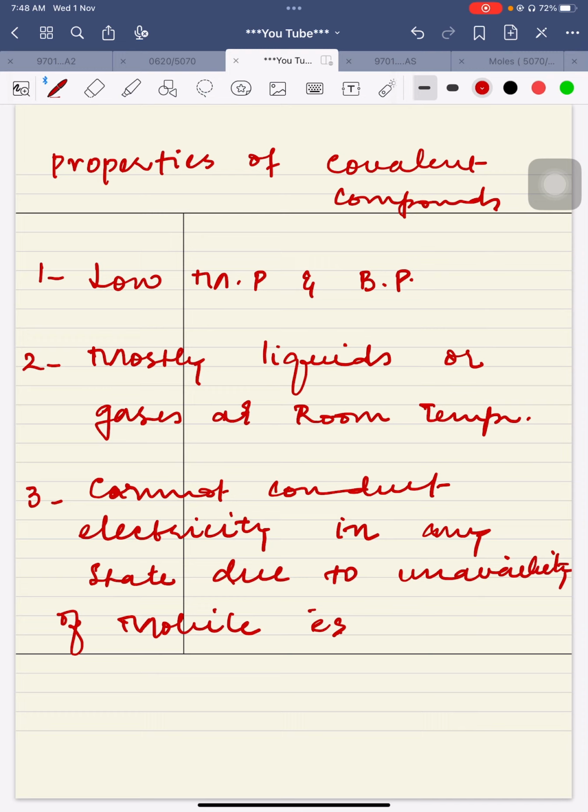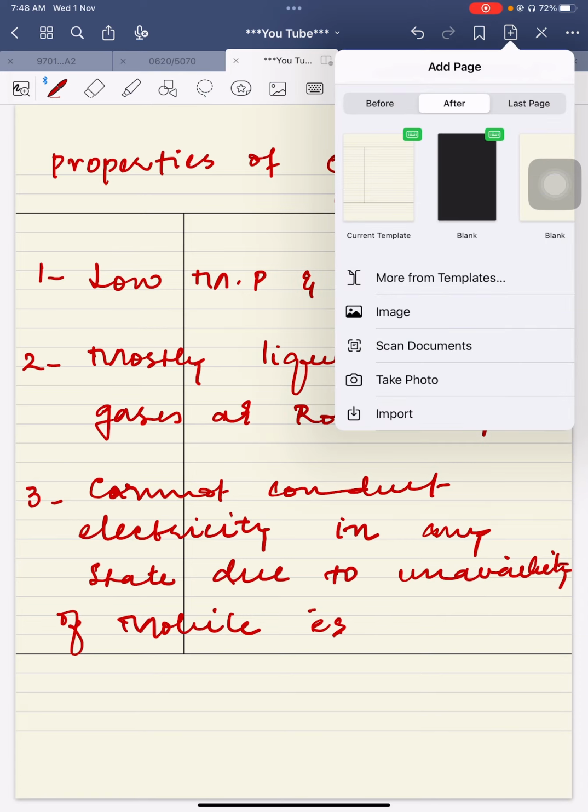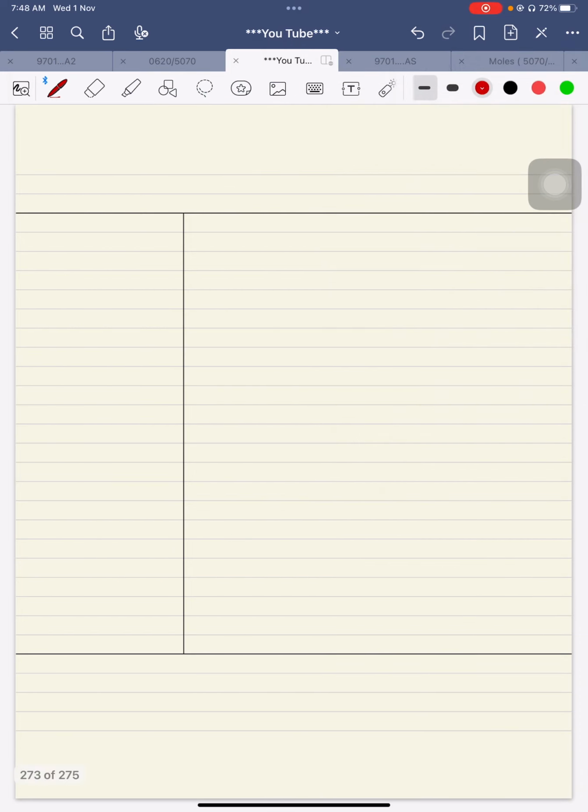Then the next point is related to giant, or you may say large sized, covalently bonded structures.